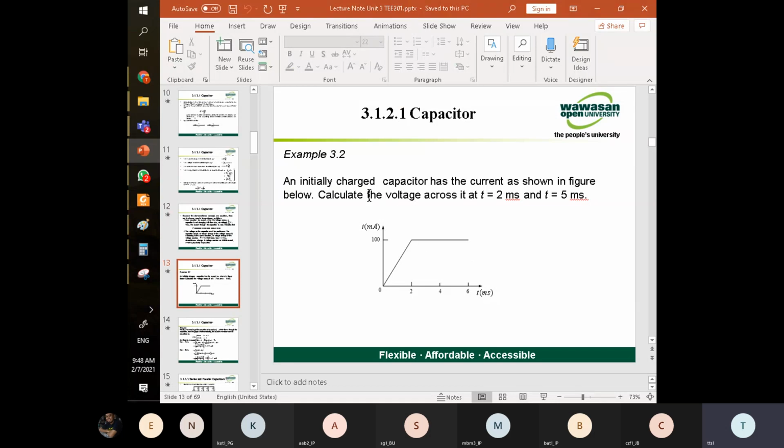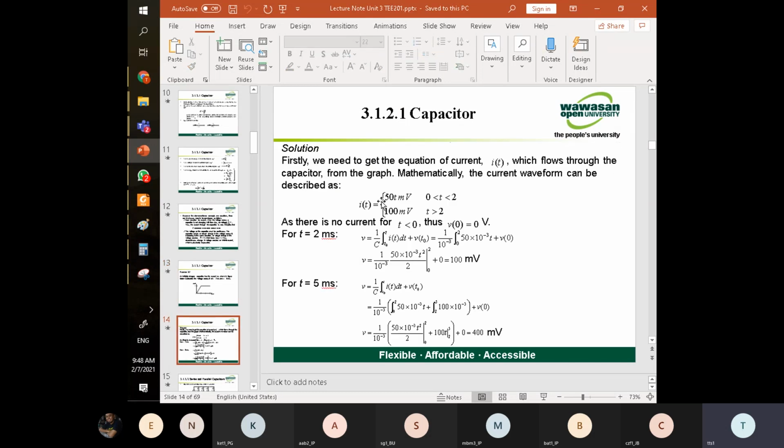So you need to calculate the voltage across the capacitor, at t equal to 2 milliseconds and t equal to 5 milliseconds. First, we need to find the equation. From 0 to 2 is based on this equation, more than 2 is this equation.